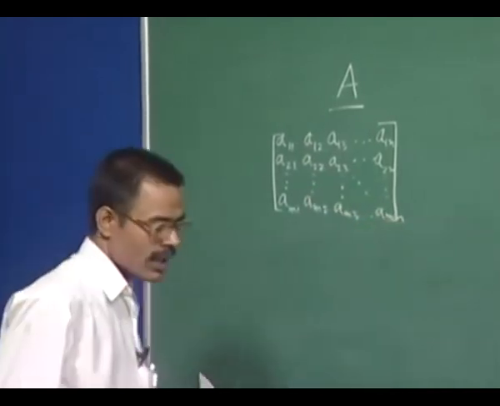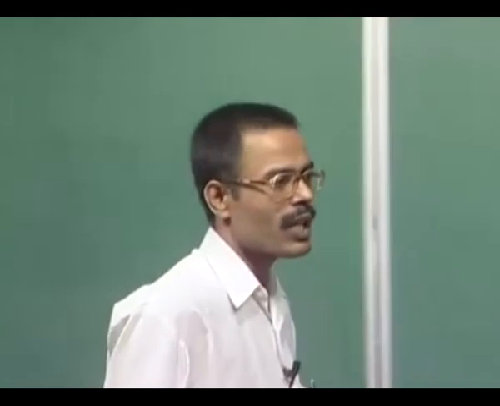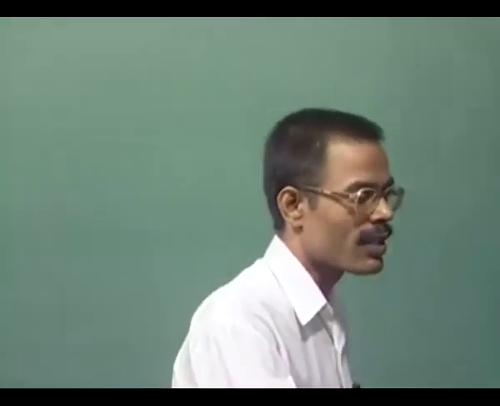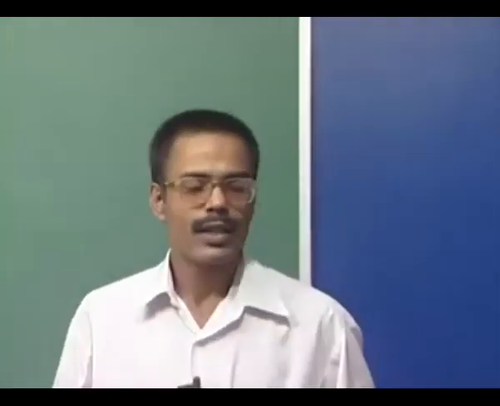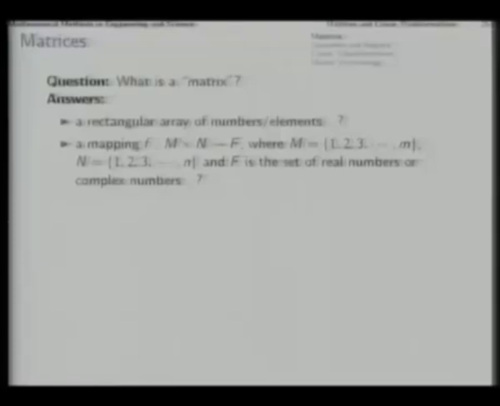Okay. A slight variation of this answer is that it is a mapping f from the set M cross N to the set capital F, where M is 1, 2, 3 up to m and N varies from 1 to n, and F is the set of real numbers or complex numbers.